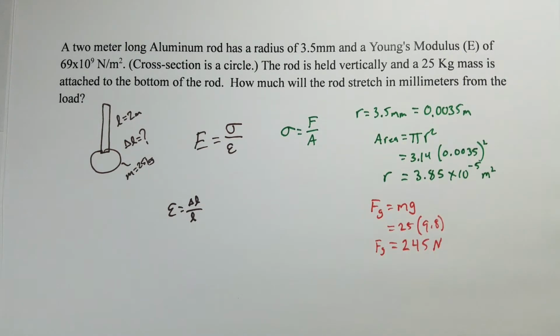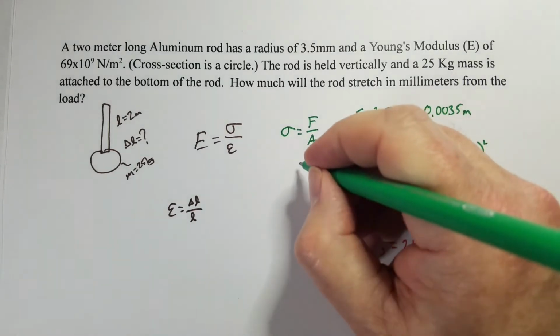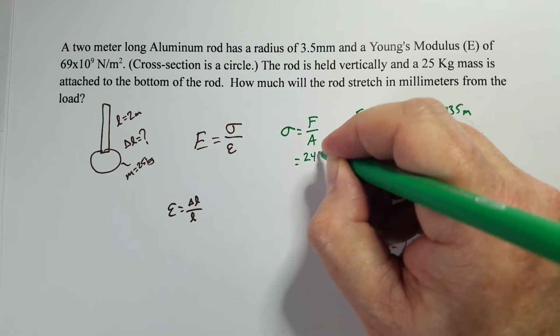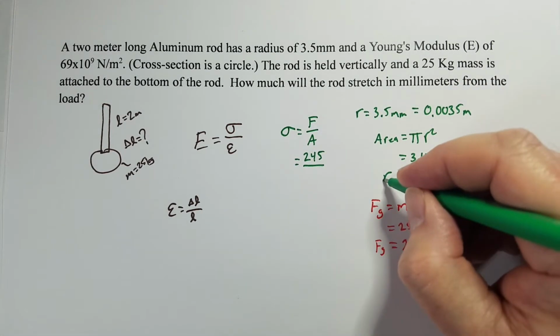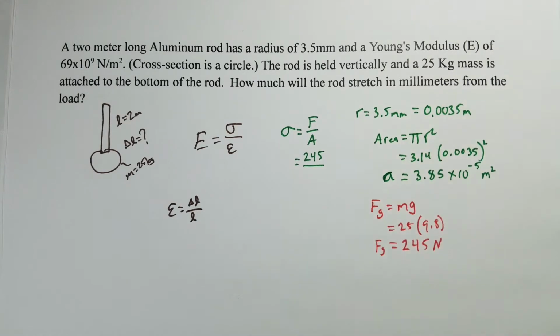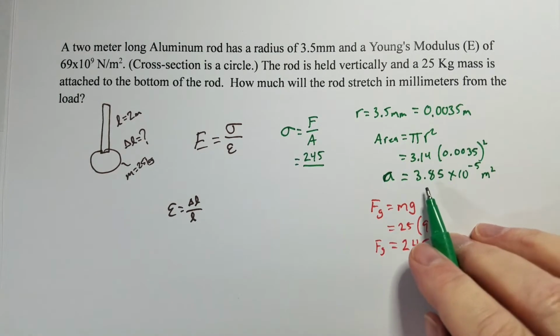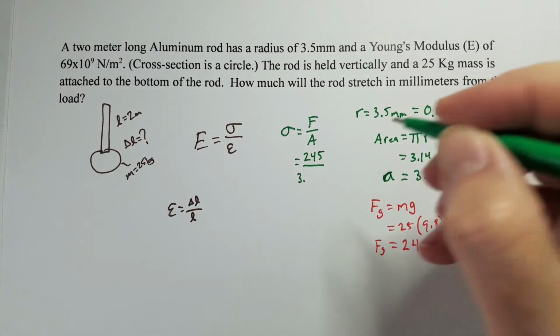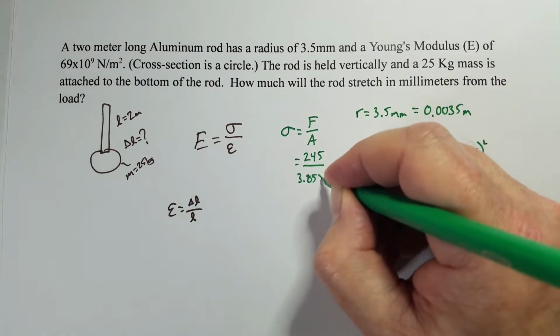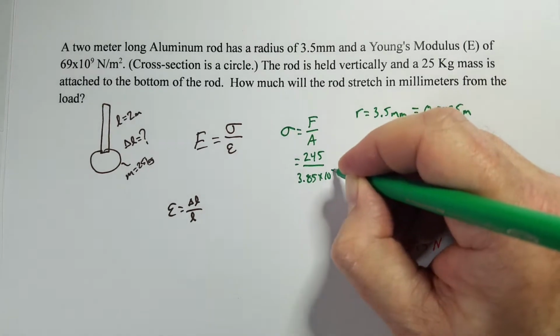So to find sigma there, I want to take my 245 newtons and divide by the area, that should be an A, of 3.85 times 10 to the minus 5.